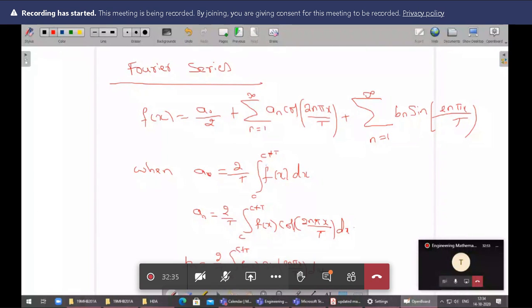Okay, so this is a Fourier series. We have given this formula, and we have discussed that also.